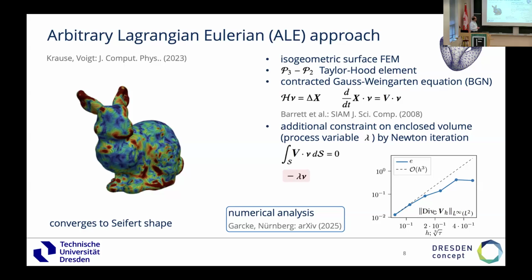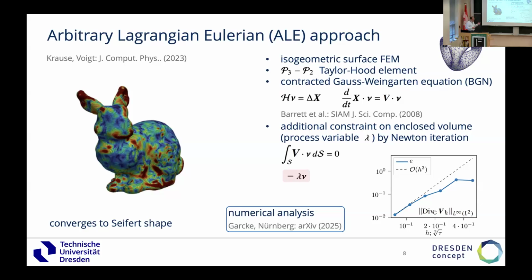The Navier-Stokes part is considered with P3, P2 Lagrange elements, a Taylor-Hood element. And then we use this Gauss-Weingarten equation to relate the parametrization and the mean curvature and move our parametrization in normal direction.